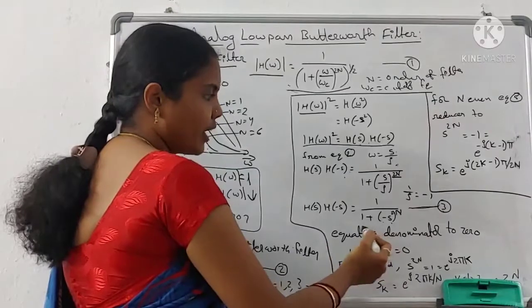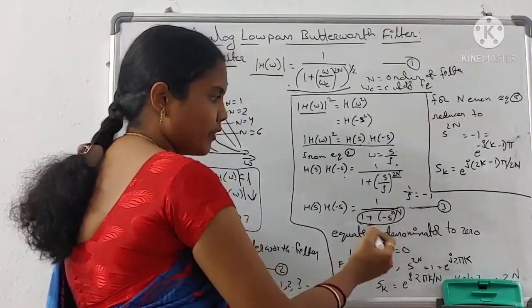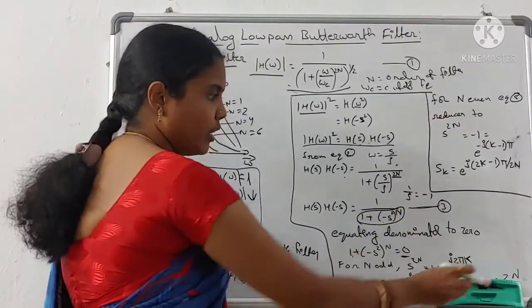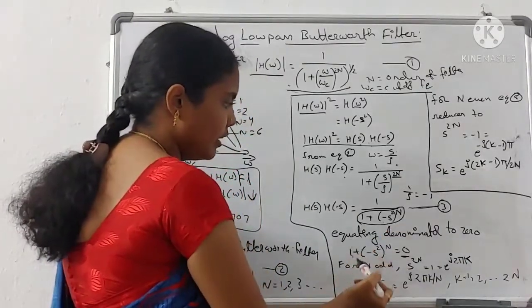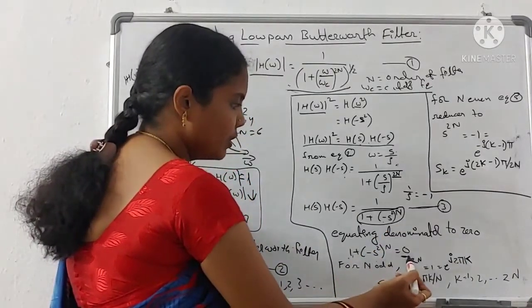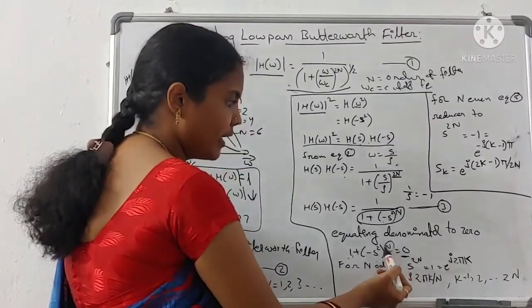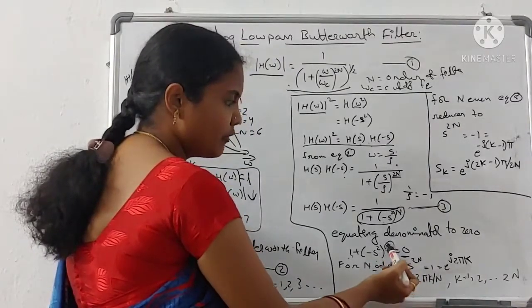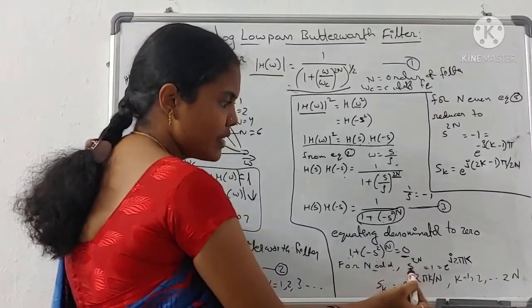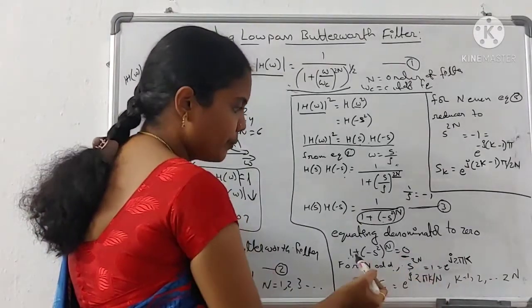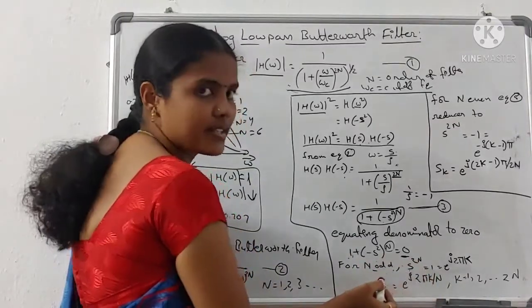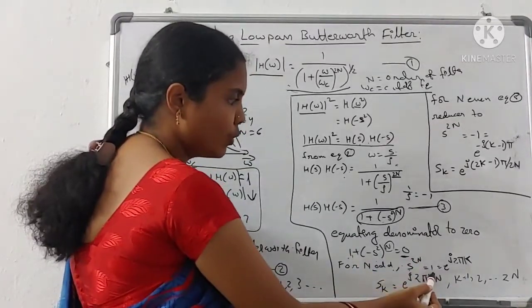Okay, so now equating this denominator equation to 0. For example, n is odd. For example, if you consider n is equal to 1, s power 2n minus 1 is equal to 0, so s power 2n is equal to 1.